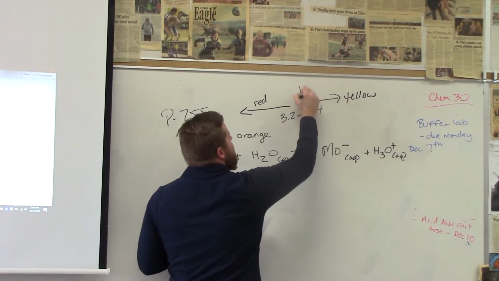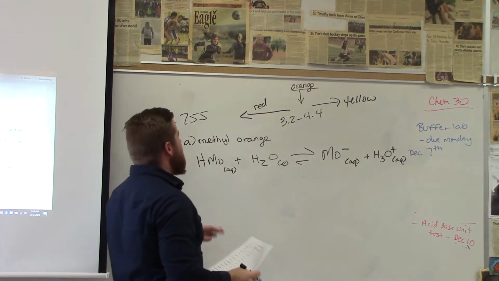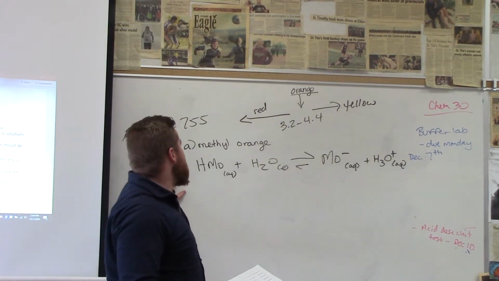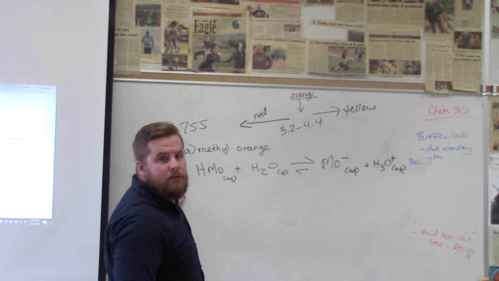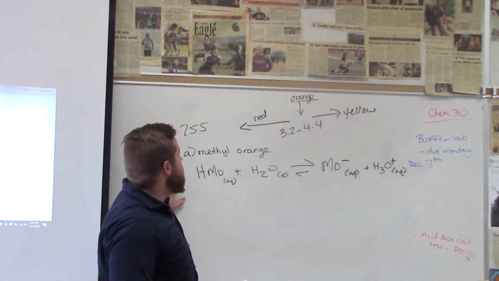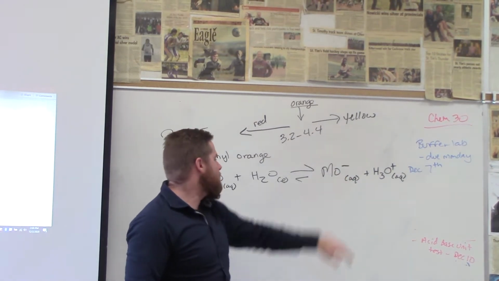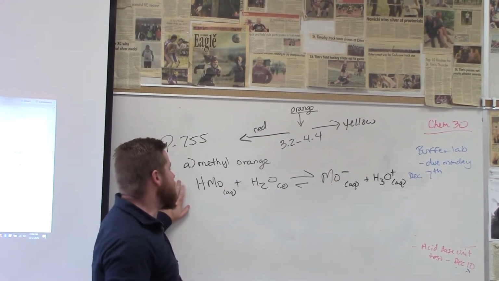So in between, that's going to be orange. So I'm going to use methyl orange for a titration with a strong acid and a weak base. Okay? Because the pH at the neutralization point, the equivalence point, is going to be below 7. So I would use this for a strong acid, weak base titration curve.